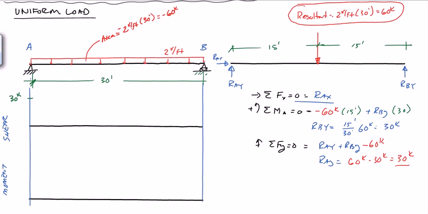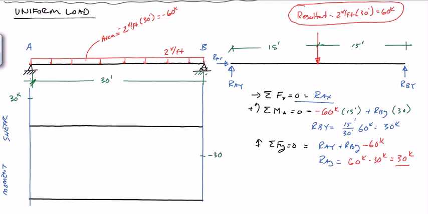So the change in shear from point A all the way over to point B is going to be a minus 60. So 30 minus 60 gives us minus 30.